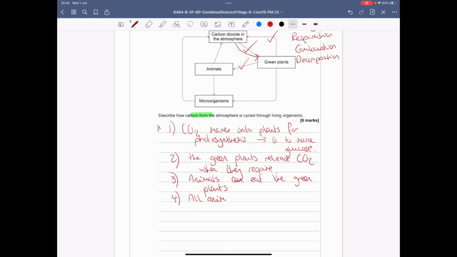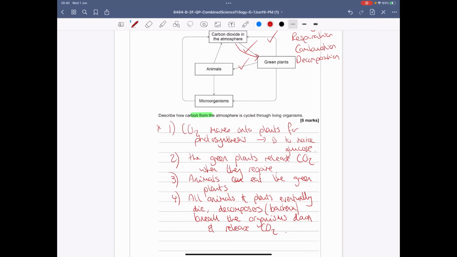They die. And then when that happens, decomposers, which are bacteria, break the organisms down and release CO2.